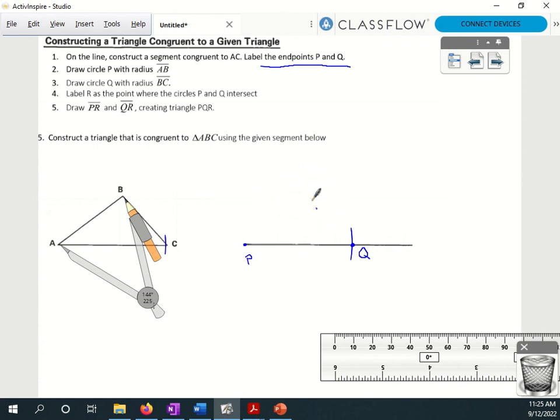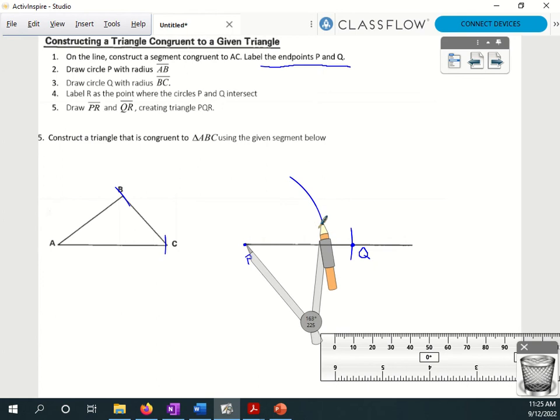So when I draw my arc, I'm going to draw it somewhere in here. First thing I can do if you want to is draw yourself a little arc just so you see where that is. Slide your compass over to P, and I'm going to make an arc. I don't know where exactly, but I just want to draw a little bit bigger arc somewhere in this area because I know that's where this point should be, somewhere up here.